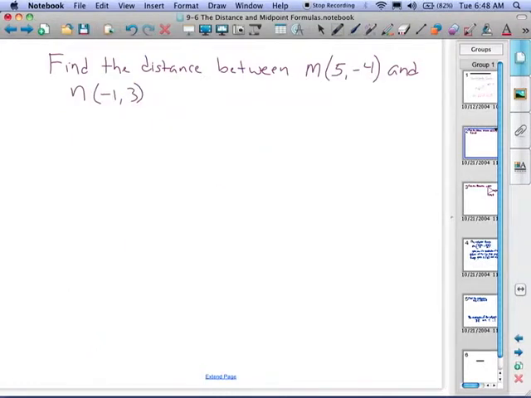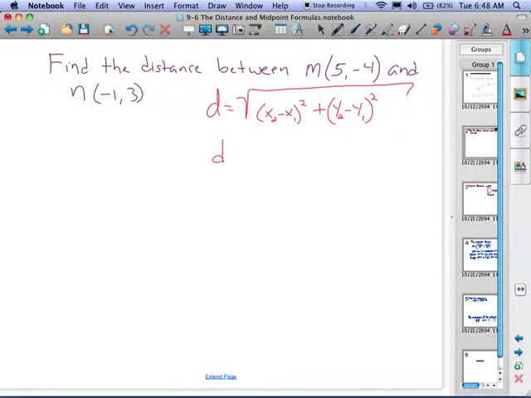So we want to find the distance between point M, which is at 5, -4, and point N, which is at -1, 3. So first, always write down the distance formula, which is x2 minus x1 squared plus y2 minus y1 squared.